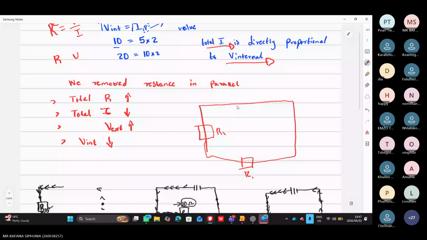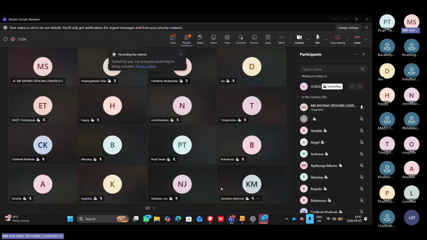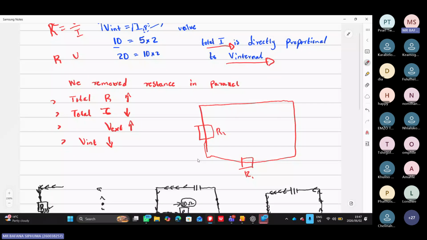So what we're doing here, I wanted to explain the difference between total voltage and V external, right? Okay, so if ever you have a switch that is open, the entire diagram is gone, it's fine.